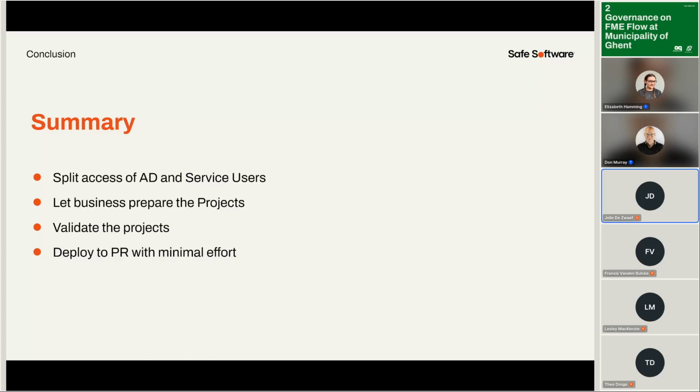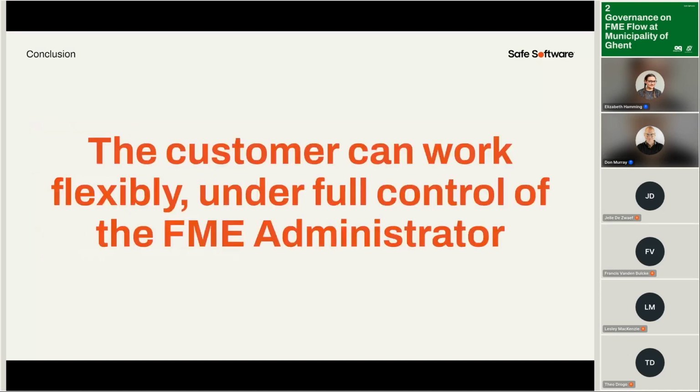Empower the business to be self-reliant by enabling them to independently create workspaces or projects. Validate these projects to see if they follow your guidelines, and deploy to production with minimal effort. So the customer can work flexibly under full control of the FME administrator in a safe and secure environment.